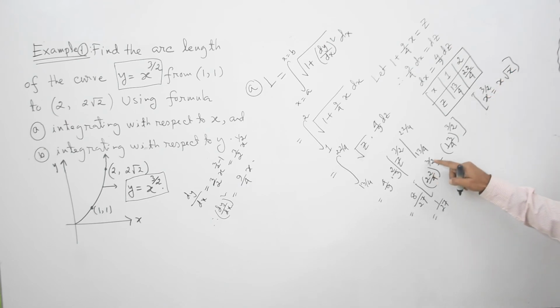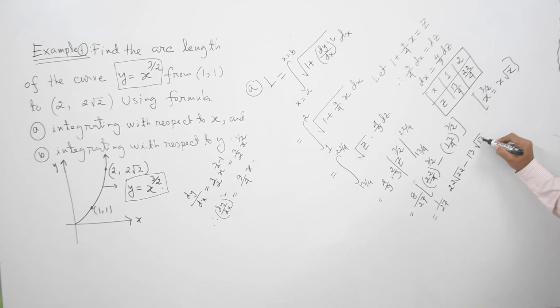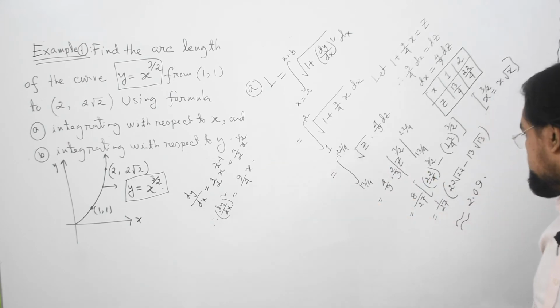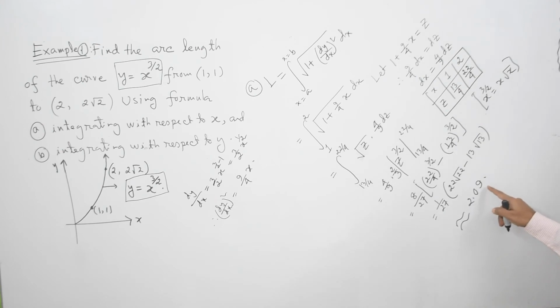So 22 to the power 3/2 we can write as 22 root 22 minus 13 root 13. So you can put your answer here, or you can approximate it by using your calculator. That will be 2.09. So the length of this curve from (1, 1) to (2, 2√2) will be 2.09 units long.